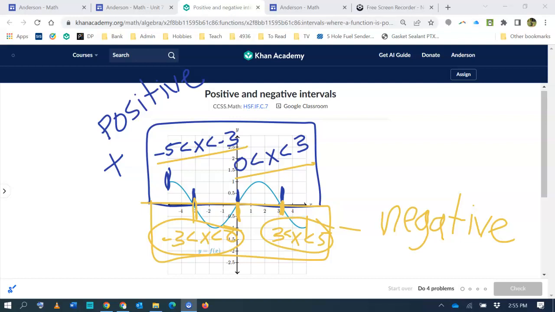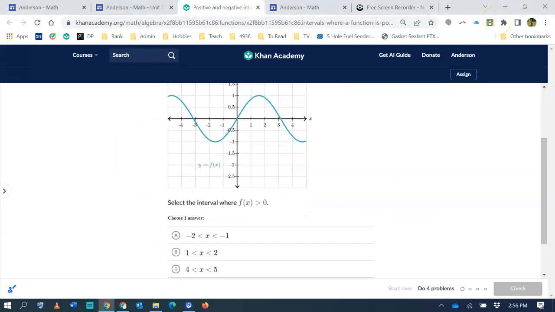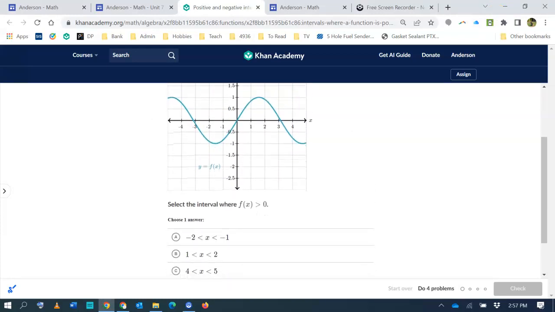So let's look at our multiple choice and see what they are asking us for. So from -2 to -1. Only 3 options, okay. So from -2, which is here, to -1, our graph is in the negative half. So that would be a negative interval.